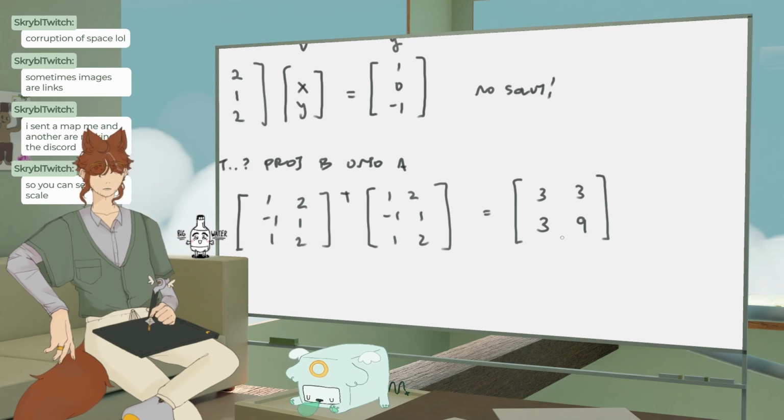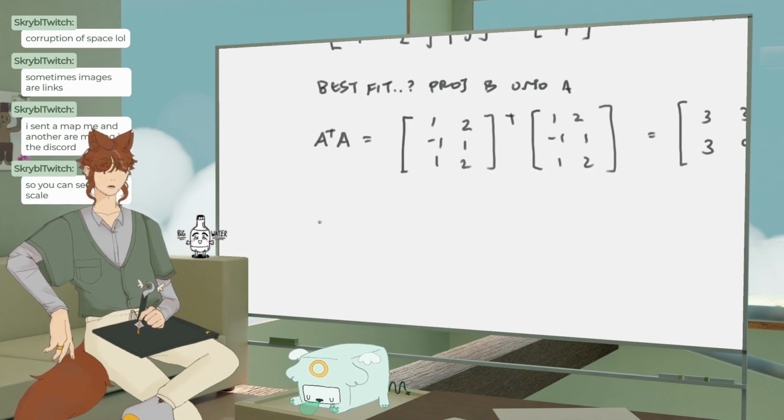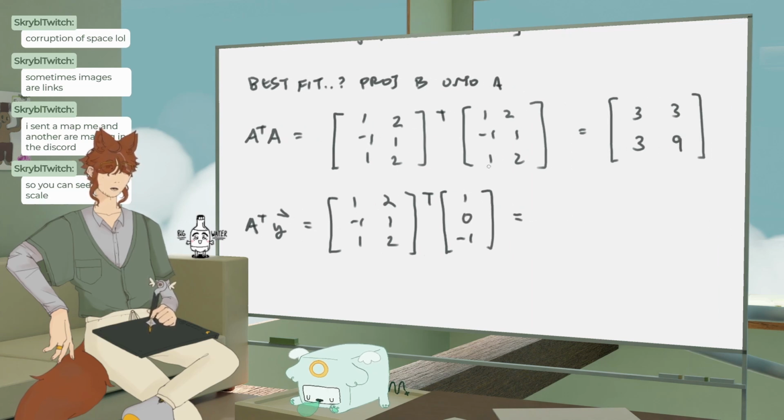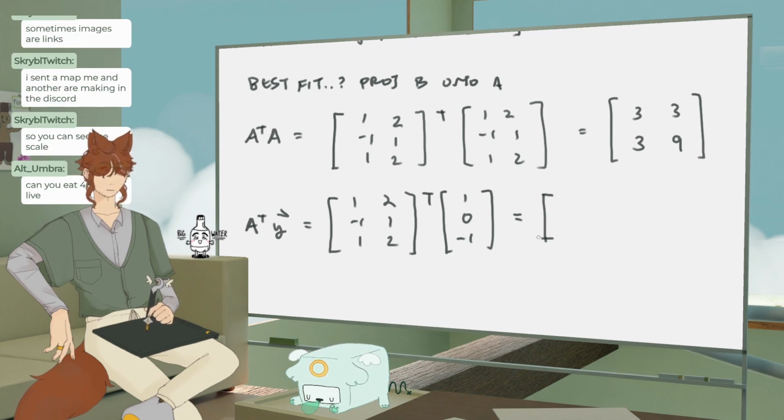It's symmetric. We'll do A transpose Y. Alright, so we're gonna get a 2 by 2? Question mark? No. Yeah. Yeah.